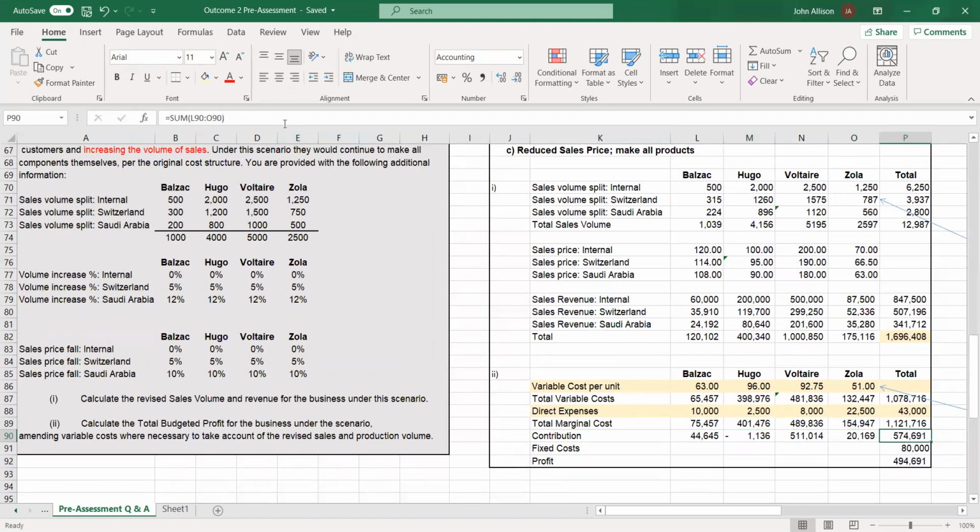We then get the total contribution for the company, adding up each of the individual contributions, or to get the same number, we can do the total variable cost plus direct expenses to get total marginal cost. Then to get the contribution, it could be the total sales revenue, take away the total marginal cost.